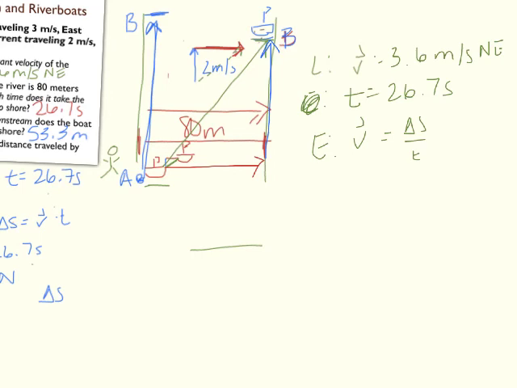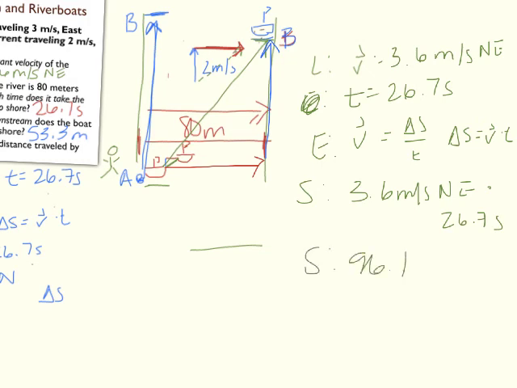And this time we're finding a distance, so change in s equals velocity times time. So we're going to have 3.6 meters per second northeast times the 26.7 seconds, which is 96.1, and our units will be meters.